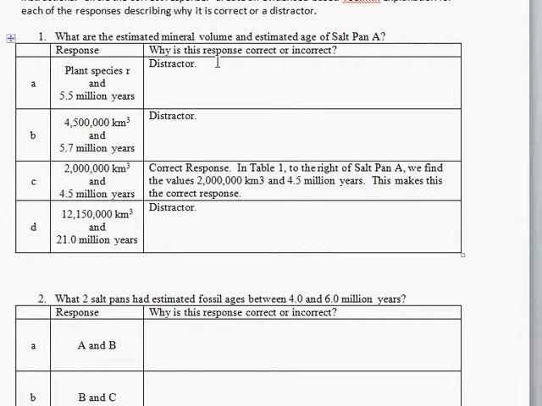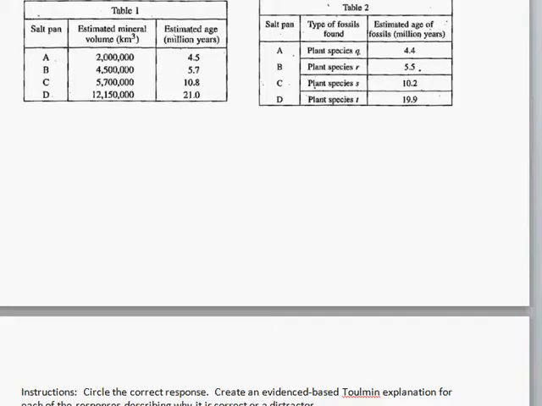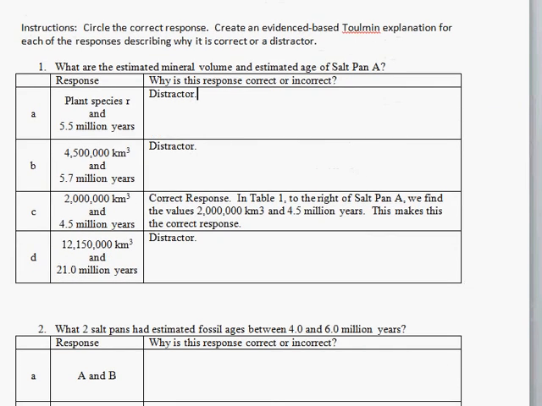Now we need to figure out why these are distractors. Plant species are in 5.5 million years, and it's in table 2. So we see this information in table 2. That's why this is a distractor.